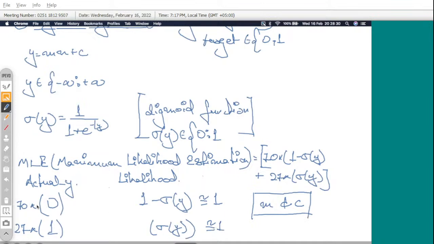If the patient does not have the disease, 1 minus sigmoid y should be close to 1, right? Okay, yes, what's your point?